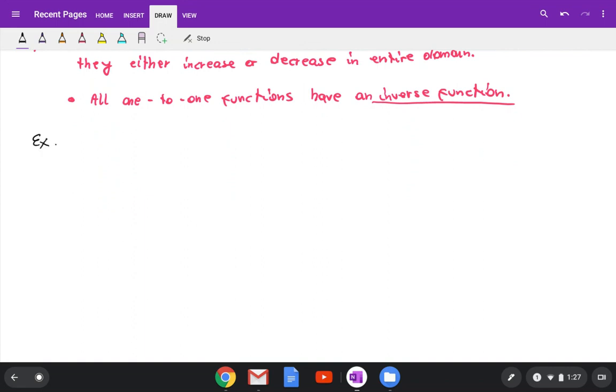Starting from now, we're going to focus on finding the inverse of a function. We're going to do a couple of examples, first defined by a map.